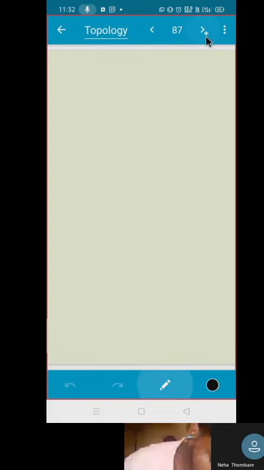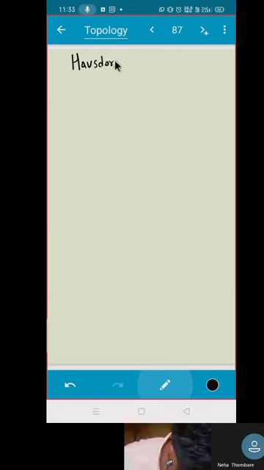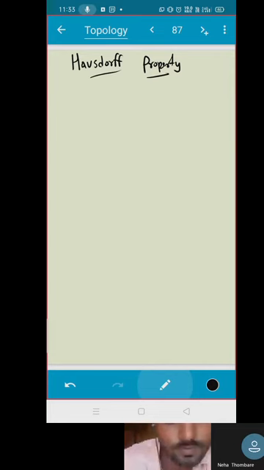One of the most important properties which we have discussed in your FYBSc class is called the Hausdorff property. Any of you, do you remember what is the Hausdorff property? Any two real numbers have distinct neighborhoods.